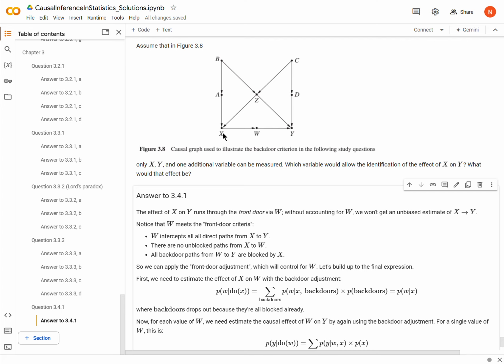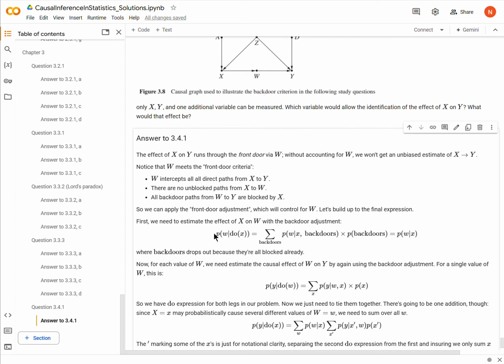So what are we going to do? We need to account for the effect of x on w and then the effect of w on y, and we're going to do that by applying the backdoor adjustment for both of these legs of our little journey from x to y. So we're going to have to find w do x and then y do w. Let's break those down. The first one we want is the probability of w do x.